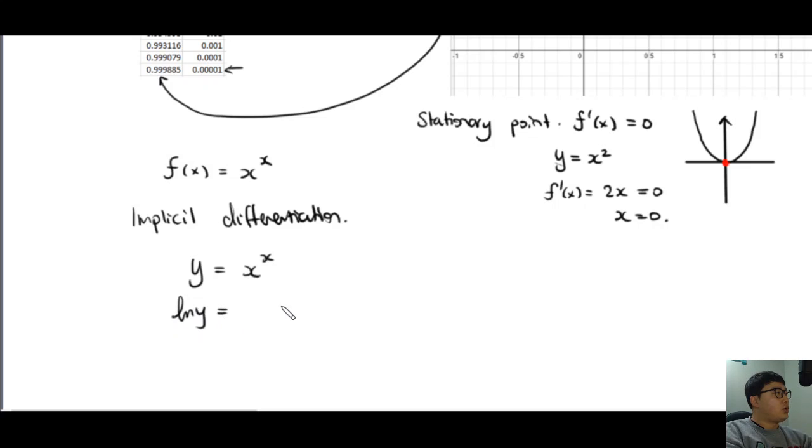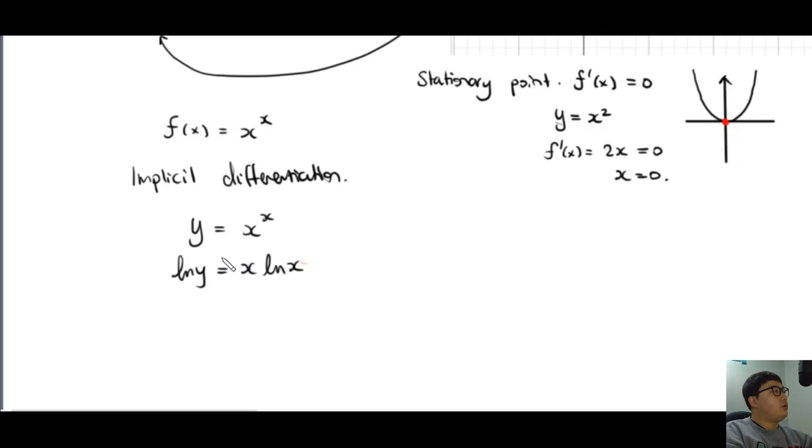You change the equation into natural log y equals natural log of x to the power of x. And naturally this x comes out to the front. This is one of the log rules, not a differentiation rule at all. So this x comes out to the front completely, and there's no more exponent there.